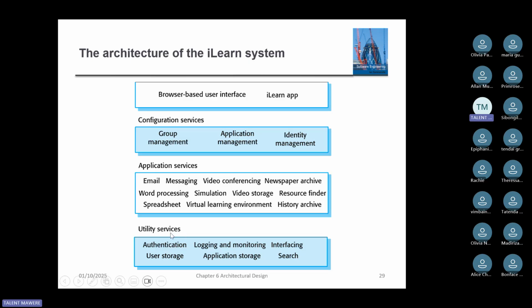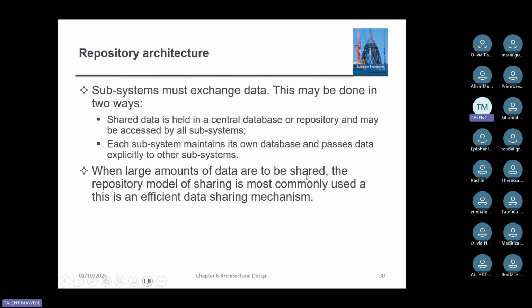Then down here, we have utility services as the base, like authentication, logging and monitoring, interfacing, user storage, application storage. So this is a typical layered architecture.